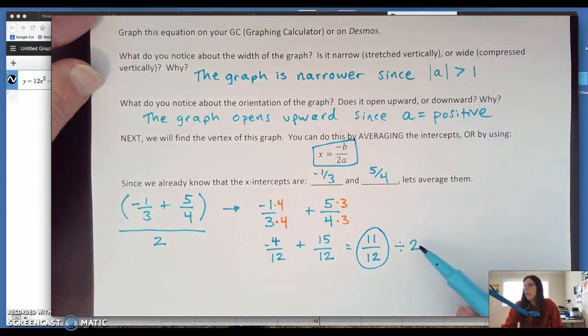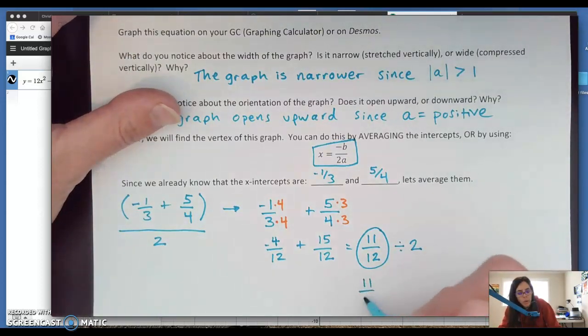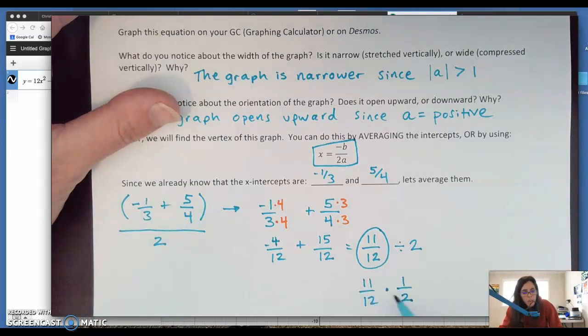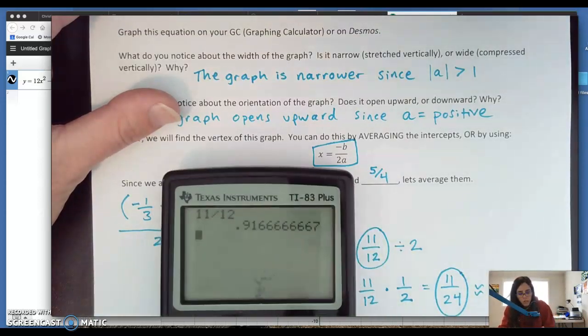But dividing by 2 is really the same thing in math as multiplying by a half. So I think I'll just rewrite it 11/12 times 1/2. And I can't do any cross-canceling, so I'm just going to leave it 11 over 24. So that's actually the answer we want. And that one, if I do that in the calculator, it's approximately 0.458.